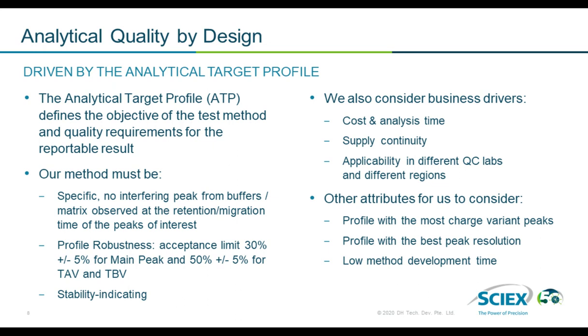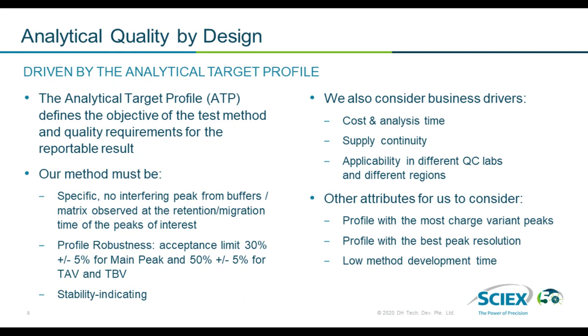Now, this approach is driven by the analytical target profile, which is going to define the objectives of our assay, of our test, and the quality requirements of the data that we're producing. So for a charge variant method, we would expect or require there to be no interfering peaks from matrices or buffers in the region of interest where our sample will migrate or elute.